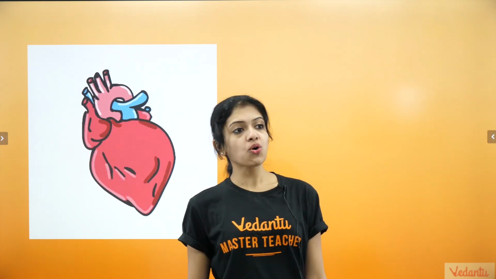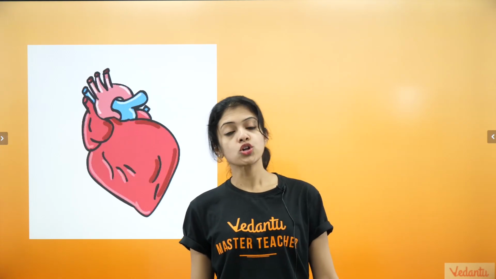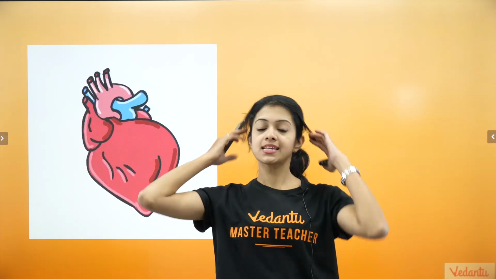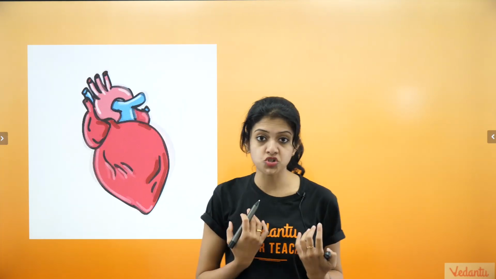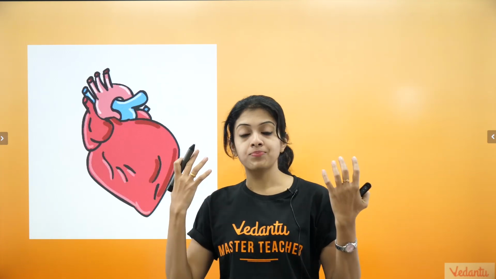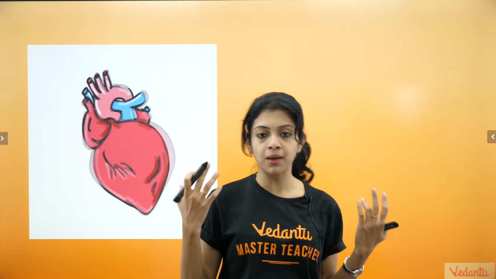Okay, so let us look at this beautiful organ and what are the parts of it. In today's session, I intend to talk only about the structure of the heart. Of course, the functioning of the heart is equally important, which we will continue in the next class. But as a student, I have also struggled to remember and retain all the names of the chambers, the blood vessels, and all of these things in my memory.